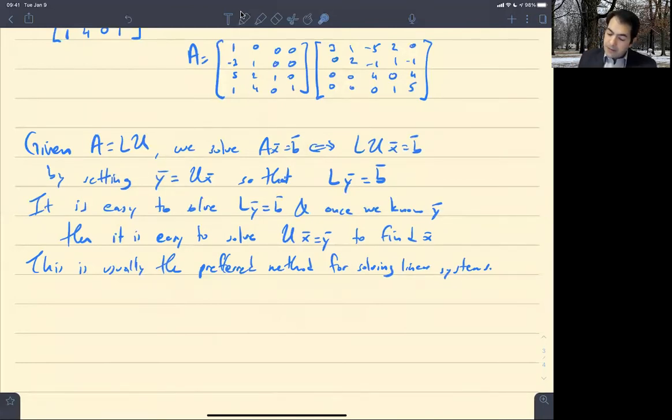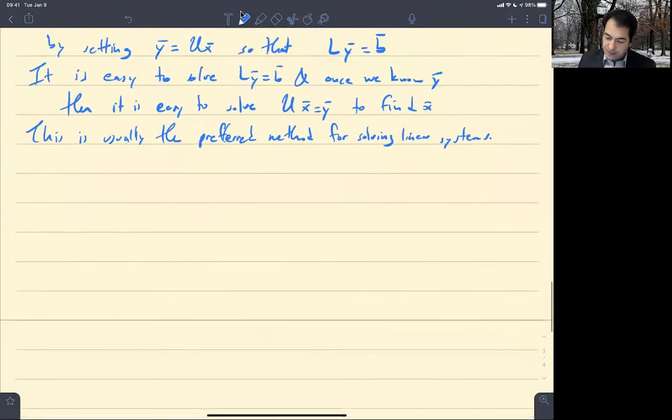So in that sort of situation, you know you're going to be solving AX equal to B lots of times, but you don't know the right-hand sides yet. So if you can make it quick to solve AX equal to B, no matter what B you're given, then you're in good shape. Okay, so now let me try to justify that you are in good shape, that it's easy to solve these.